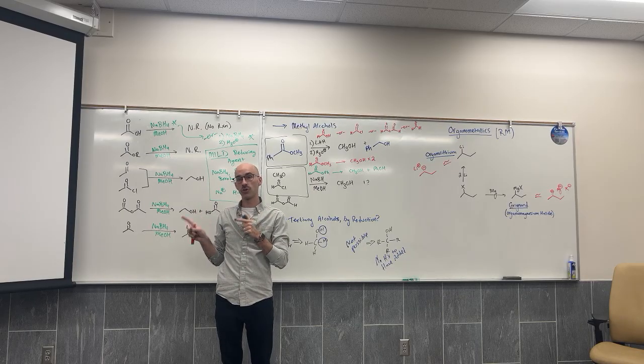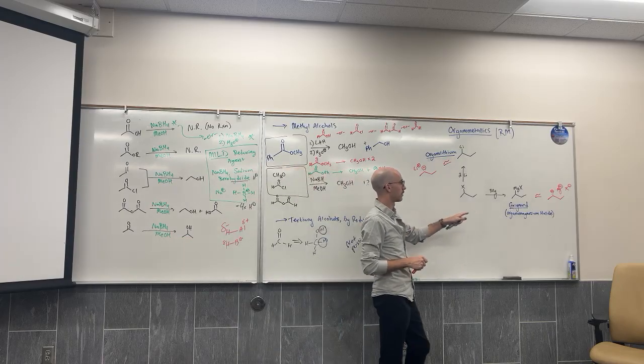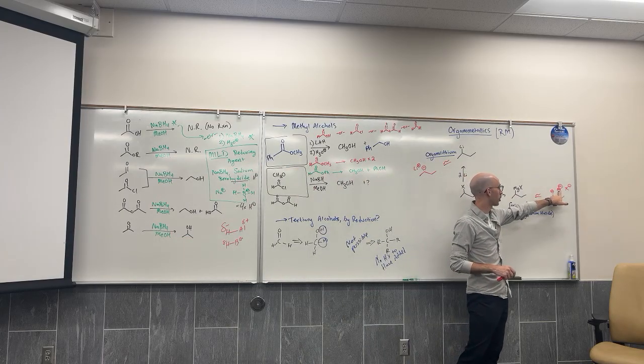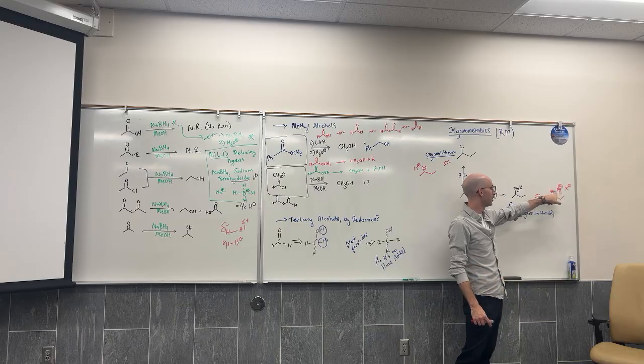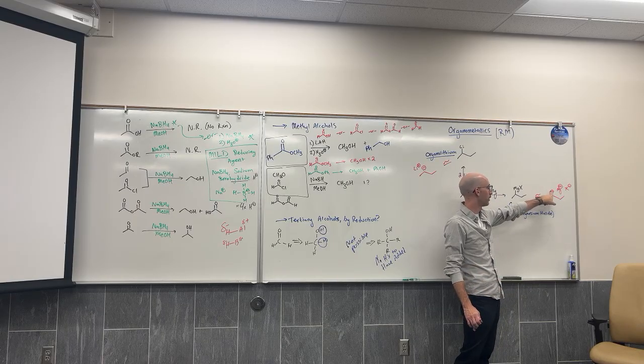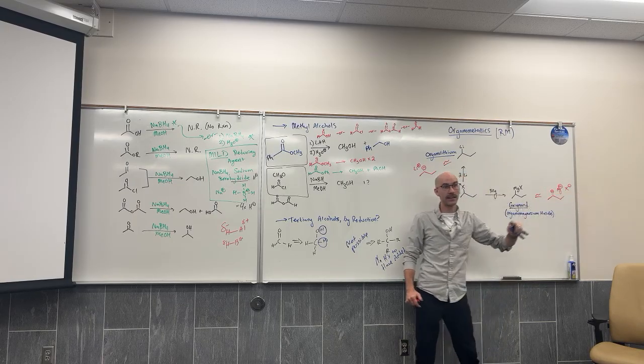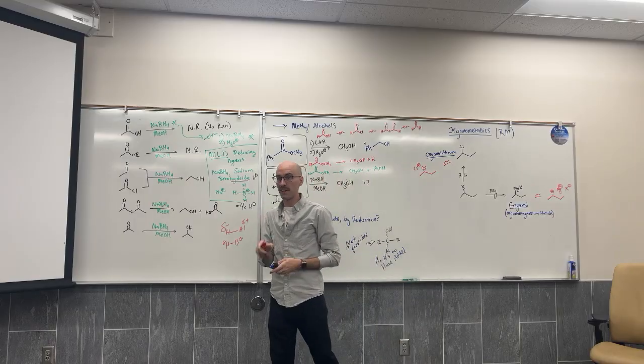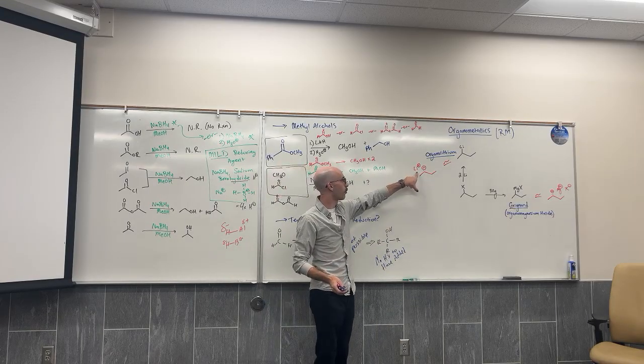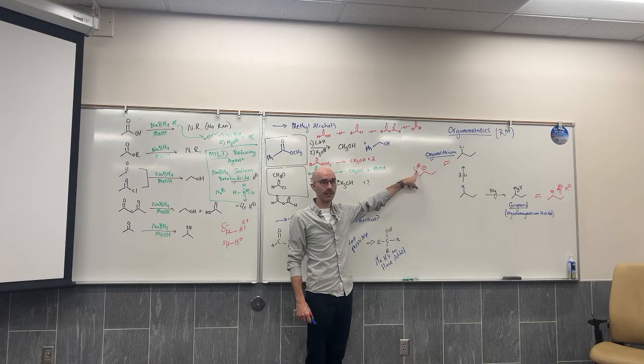Magnesium brings 2 valence electrons and takes on a 2+ charge. So magnesium needs to be balanced by both the carbon and the halide. Lithium brings 1 valence electron, takes on a 1+ charge. So lithium is balanced 1-to-1 with the carbon.